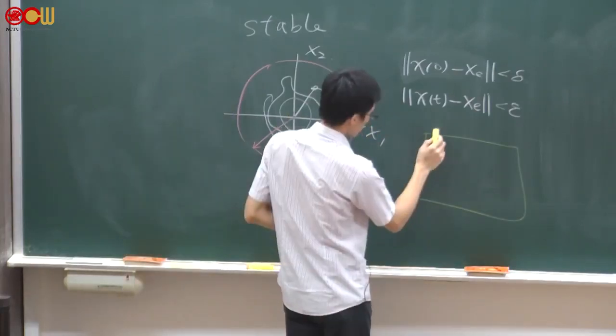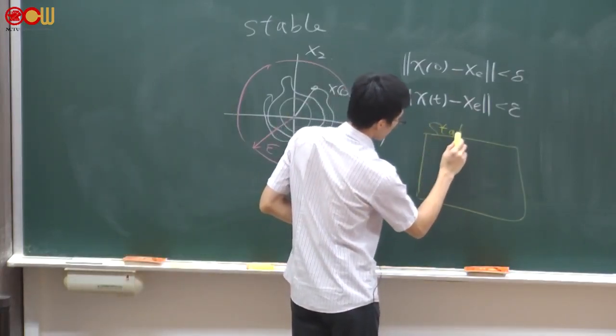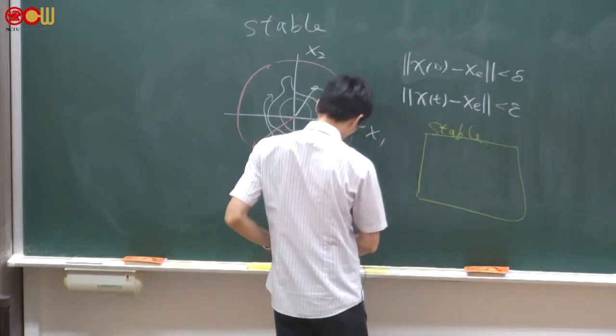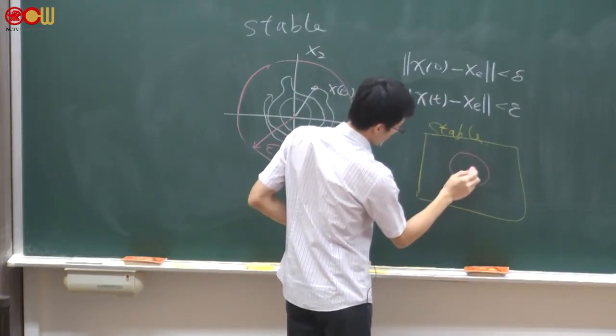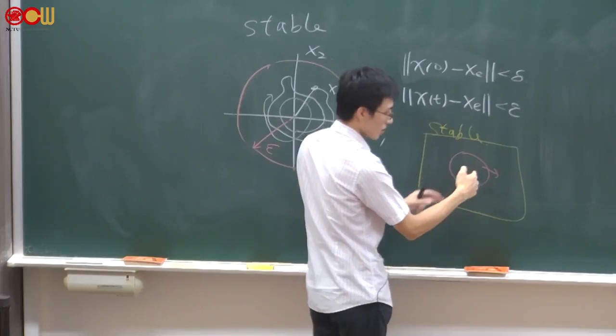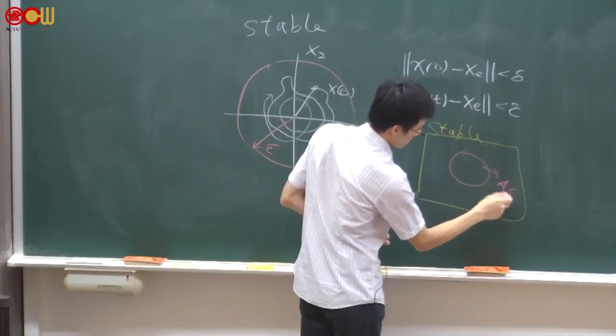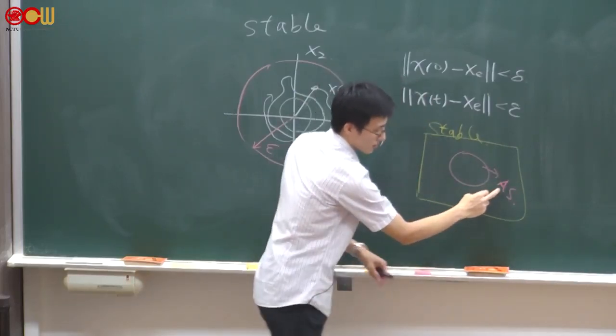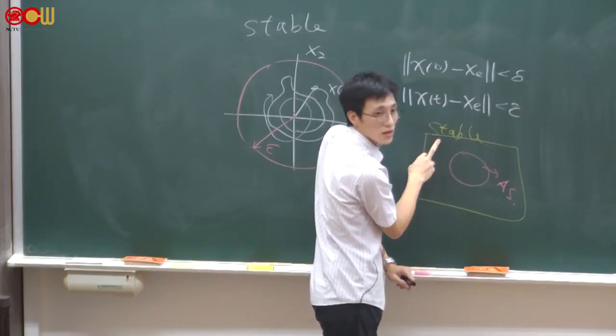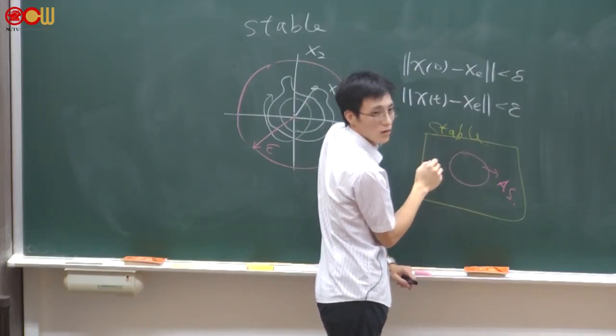If it's asymptotically stable, it must be stable, but not vice versa, right?